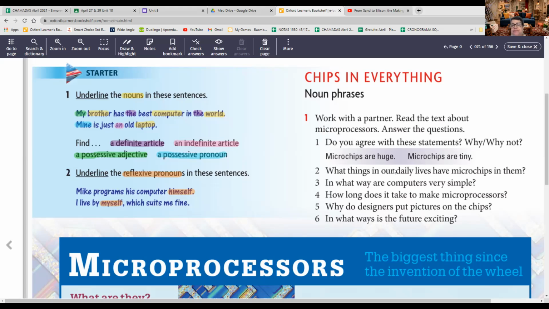All right. So, yes, it's interesting, isn't it? What things in our daily lives have microchips in them? My cell phone. Yes, of course. What else?